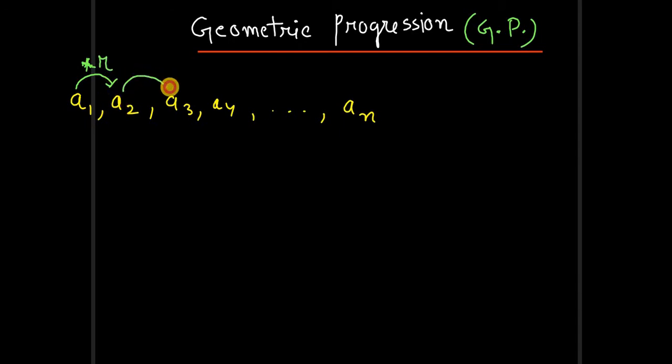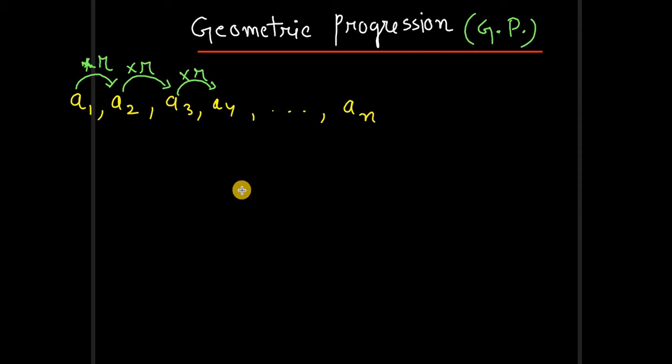Now a2 is multiplied by the same constant r, and we get a3, and that will go on and on until an. This type of sequence is known as a geometric sequence. It can be finite or infinite depending on the sequence. If the sequence is finite, then the geometric series will also be finite, otherwise it will be infinite.